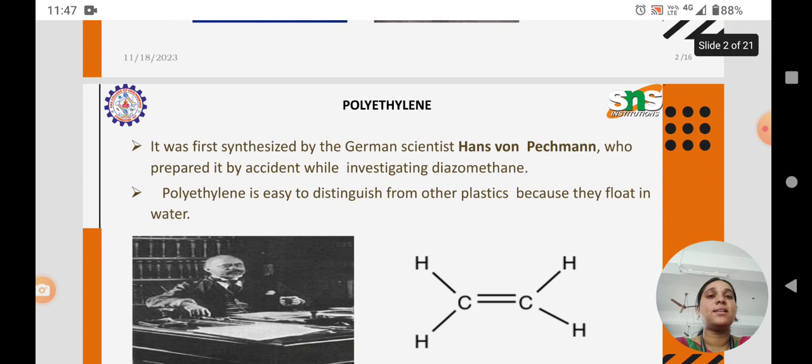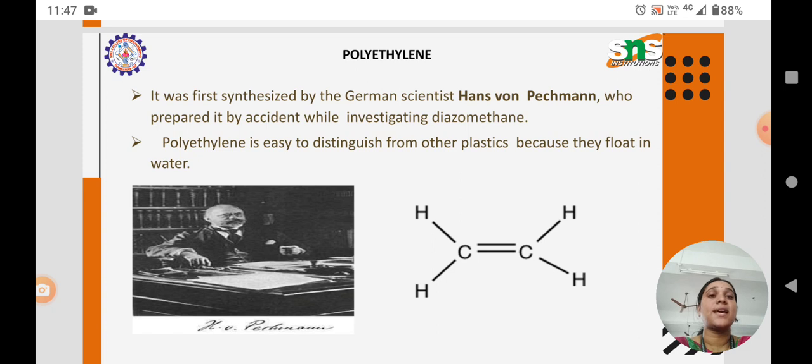Polyethylene was first synthesized by the German scientist Hans von Pechmann, who prepared it by accident while investigating diazomethane. Polyethylene is easy to distinguish from other plastics because it floats in water.